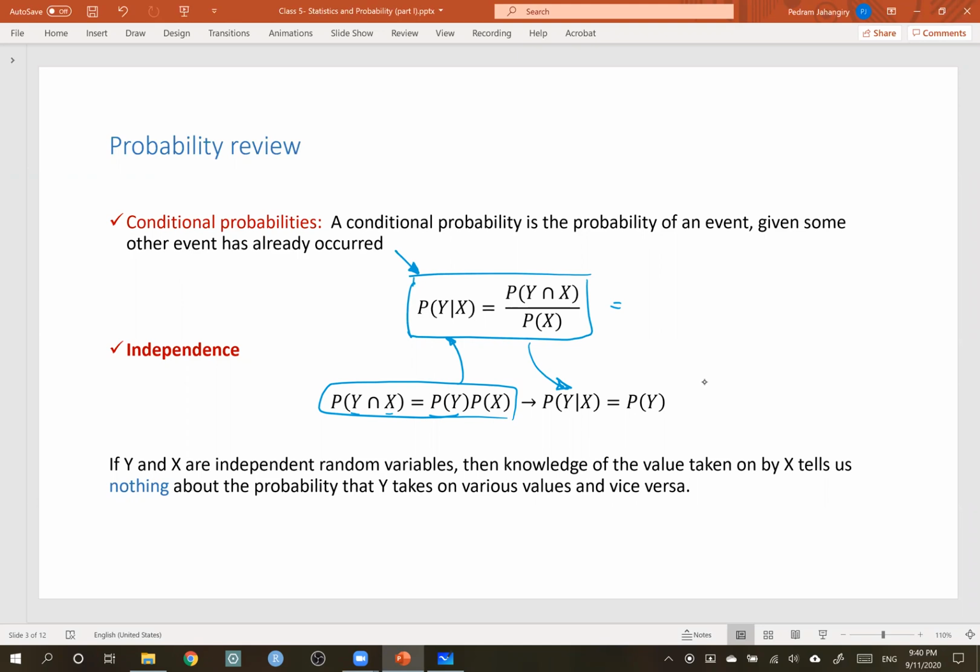The probability of y intersect x is equal to probability of y multiplied by probability of x, divided by probability of x. I can cross out these two things because both of them are positive. Now I'll end up with probability of y.